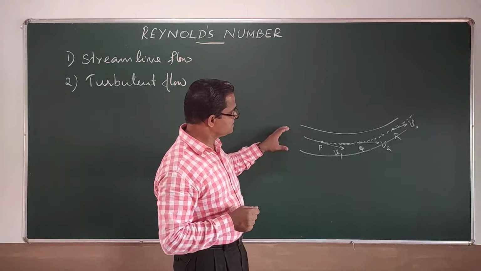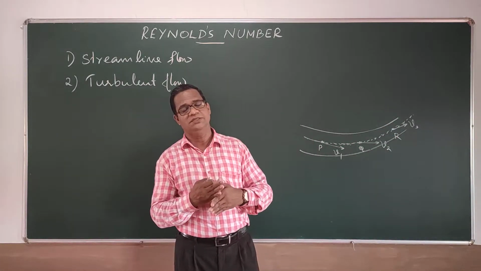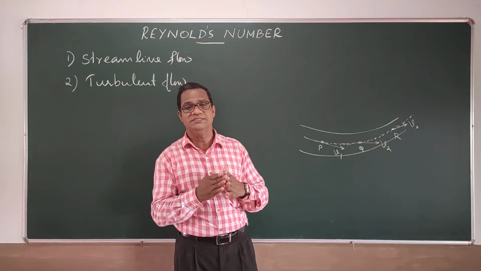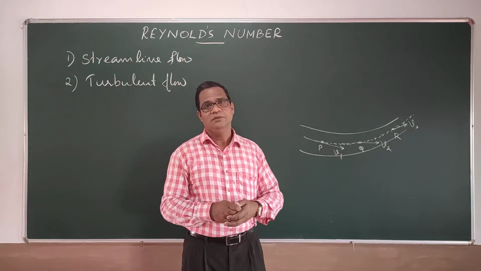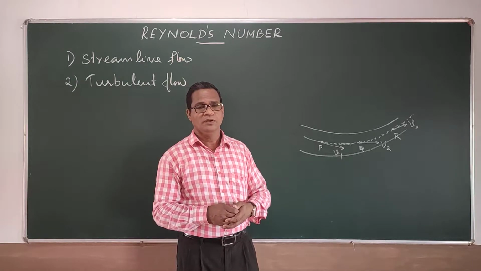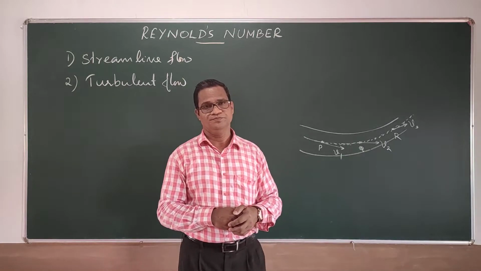When you consider such lines, no streamlines will be crossing each other; they are all found to be going parallel. So this type of flow is called the streamline flow.